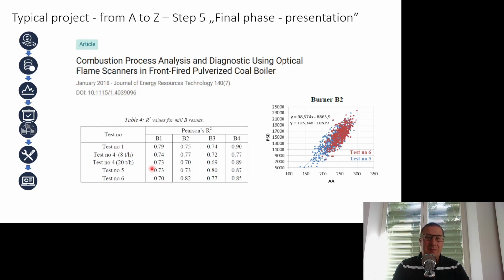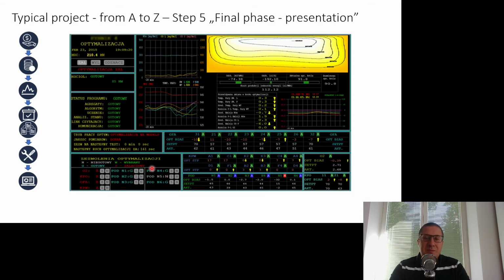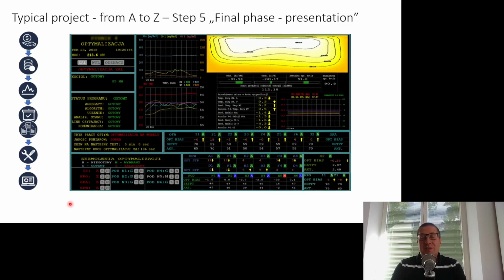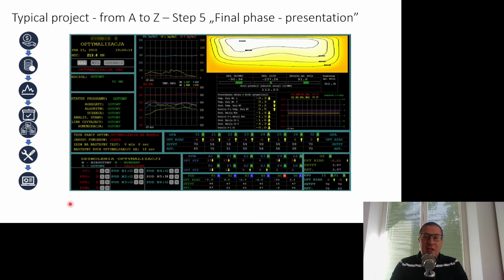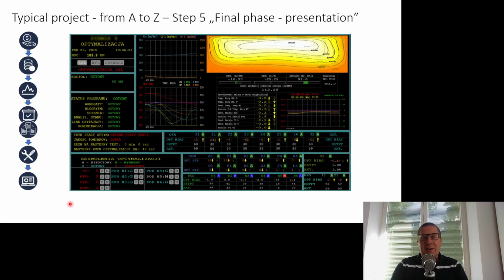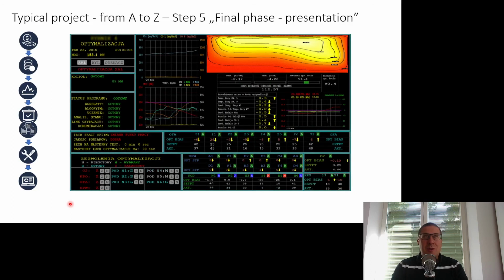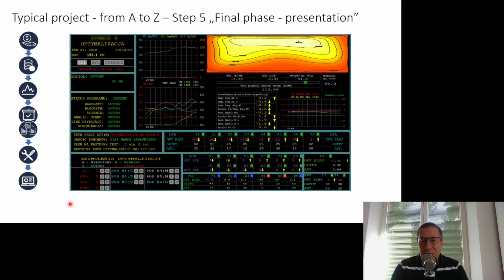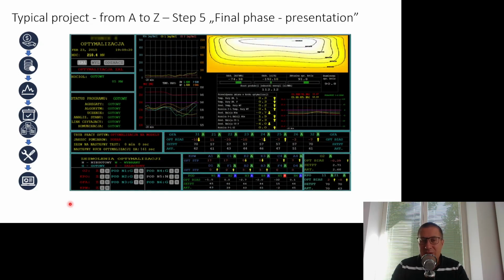So one of the ways we can share our results with the world is to write a scientific article, make a report, give a presentation or a speech at a conference, right? Another way, of course, it all depends on the project. If our algorithms are sending optimal decisions to the control system, we have to make a program that will allow us to communicate with the control system of a plant or of the factory.